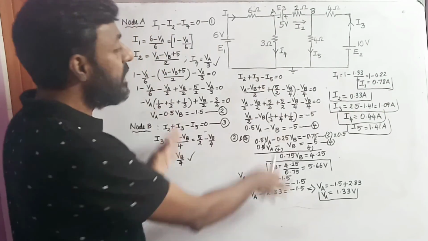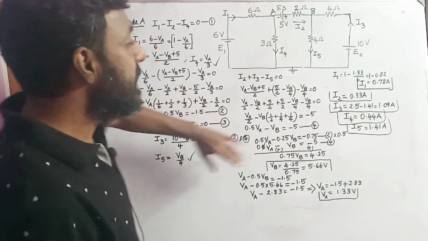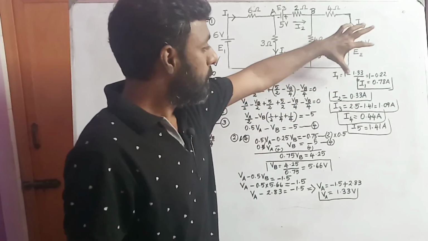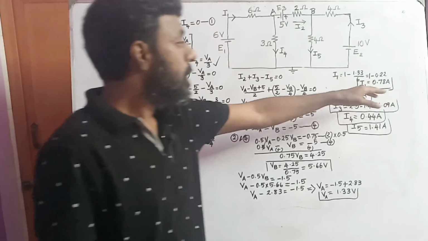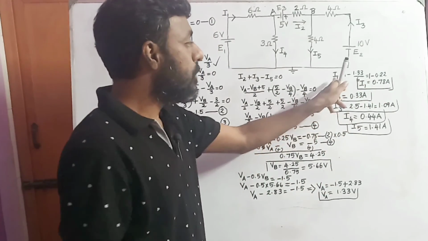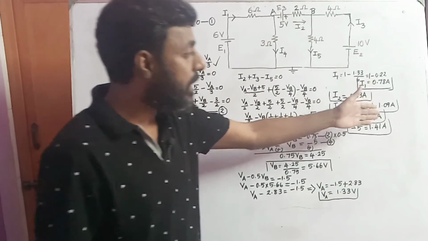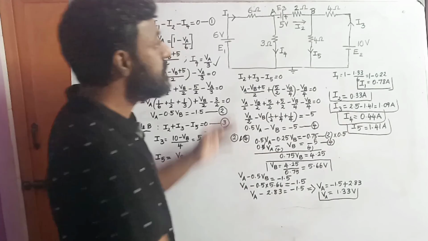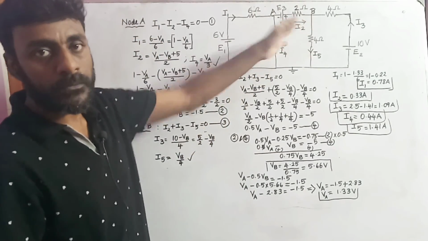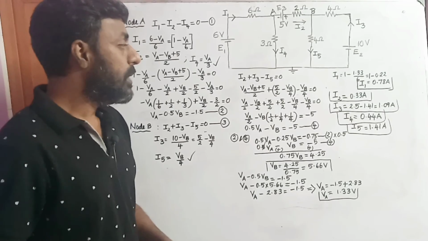By solving these equations, we have arrived at the values of these branch currents. These are the individual currents which are looping in this circuit. Here we come to the end of this problem.